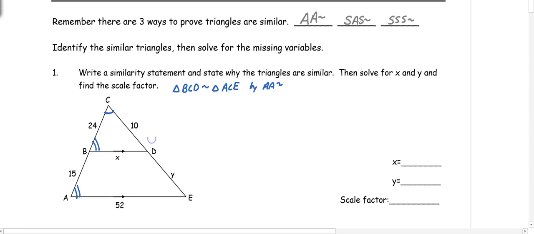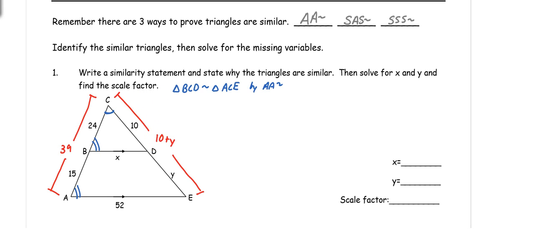So now that we know that they're similar, we need to solve for x and y. So we have our little triangle and our bigger triangle. And in the bigger triangle, we need to find the two sides that are slanted because right now they're broken into pieces. So we see that the side AC has a length of 39 and that CE has a length of 10 plus y.